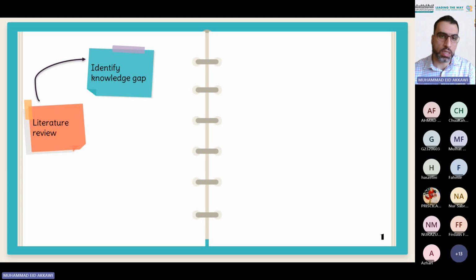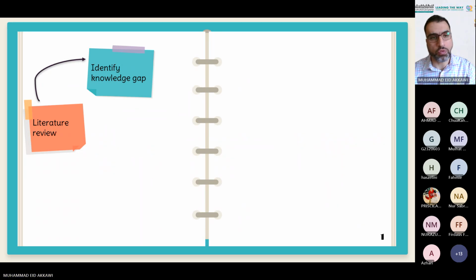But let's say that there is a specific part which is not yet studied, which is, for example, the perception of these people about the waiting time and how this can affect their accessibility to the healthcare facilities and also their intention to continue their treatments.